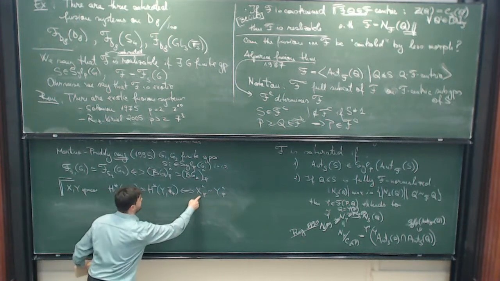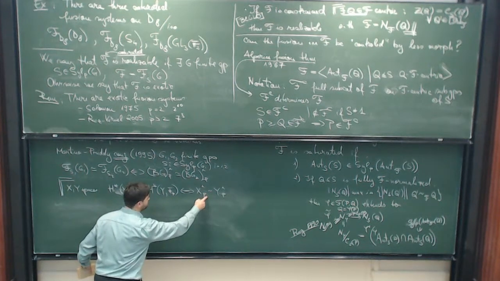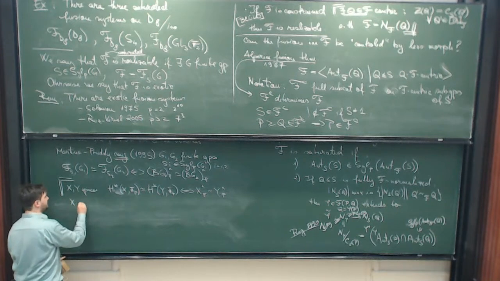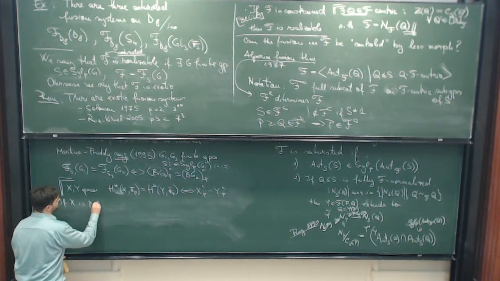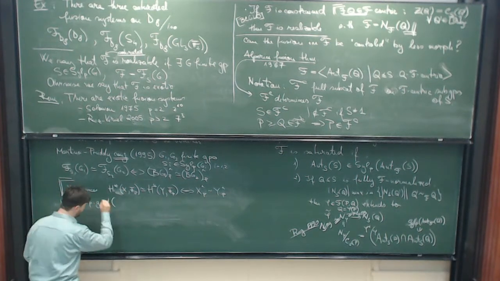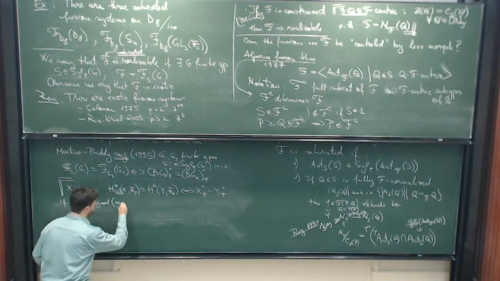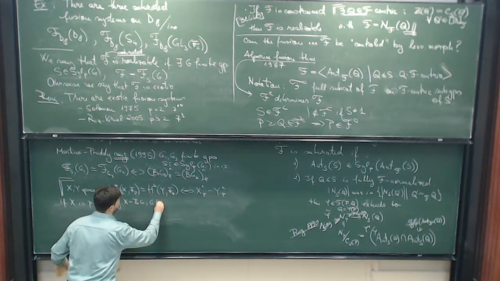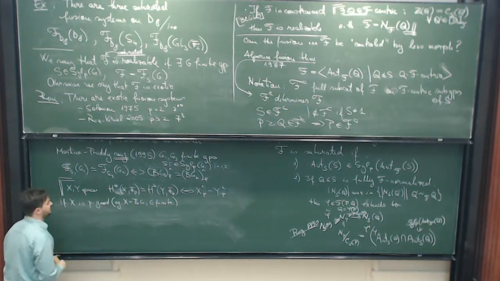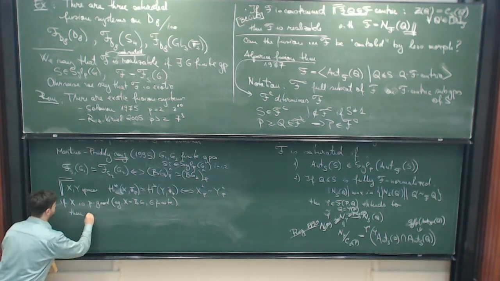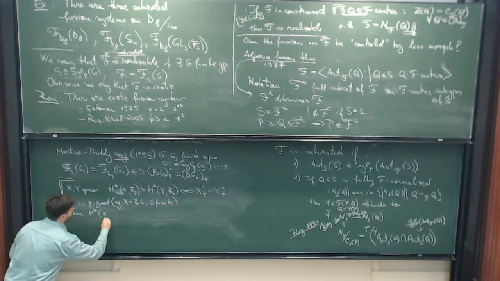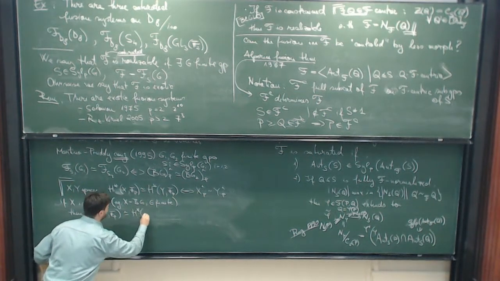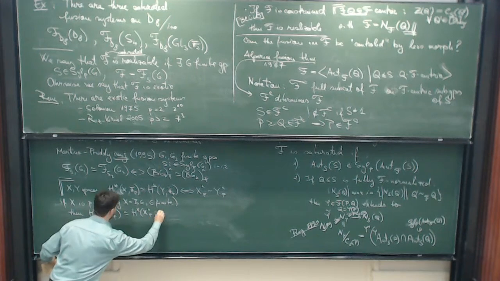Now, this doesn't tell us that the p-completion of a space captures the mod p cohomology, but if X is p-good, for instance if X is the classifying space of a finite group, which is our case, then in fact the mod p homology of X is the same as that of the p-completion.